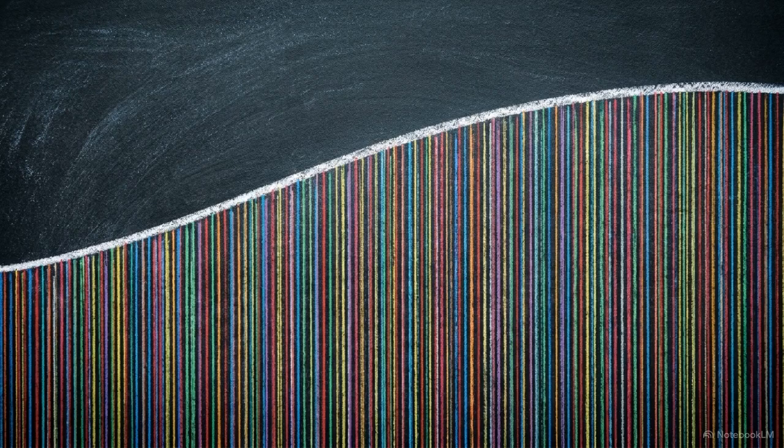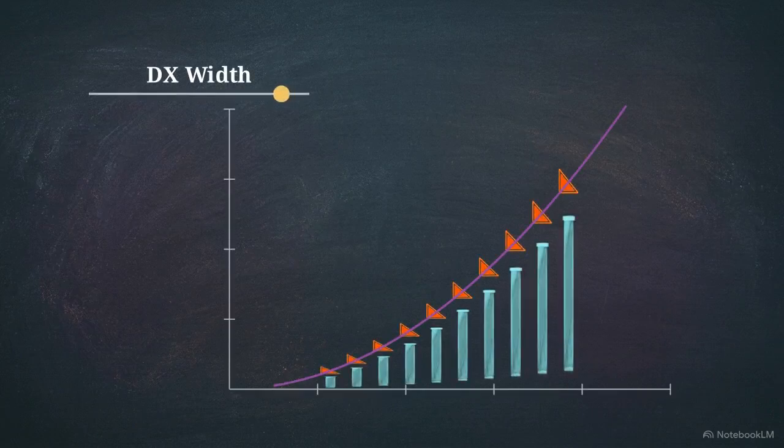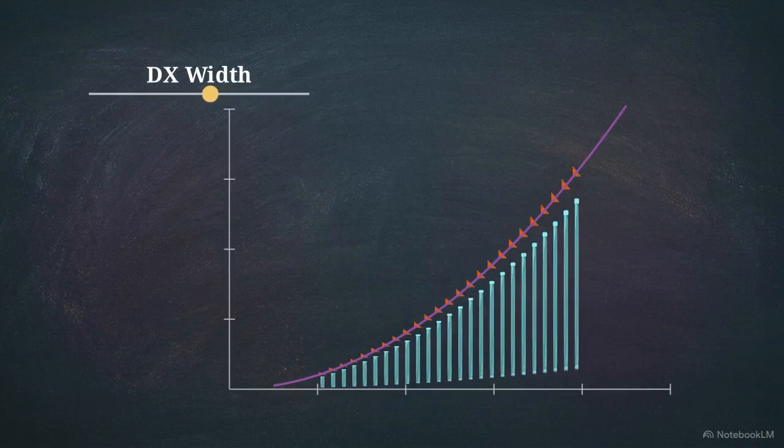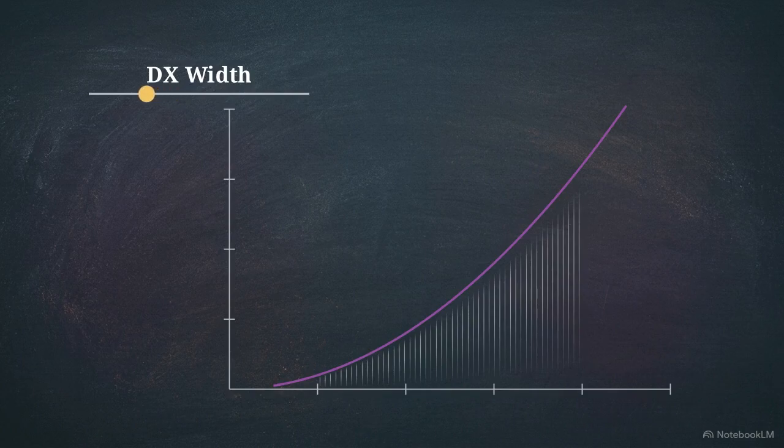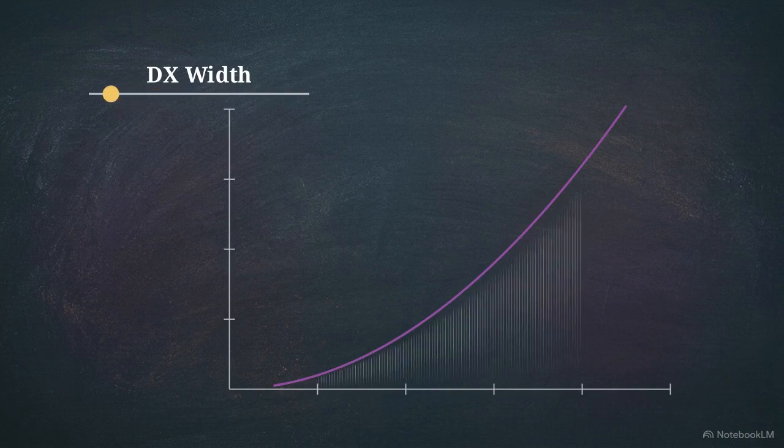The solution is to increase the resolution. By decreasing the width of dx, we can pack more, thinner rectangles into the same space. Watch the accuracy improve from 50 thick rectangles to 5,000 hair-thin ones. The jagged gaps shrink, hugging the curve closely. Now, what happens if we shrink the width of dx down to 0?